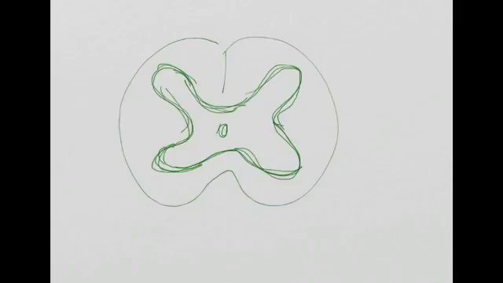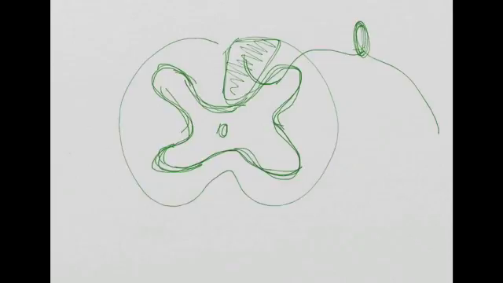Let's see what happens if the information is not pain and temperature, but deep touch, vibration, or proprioception, in other words, the joint position information. Again, the information comes through sensory nerves. The sensory nerve arrives to the dorsal horn, and then it also gives collaterals to the dorsal funiculus, and they will form the dorsal column tract.